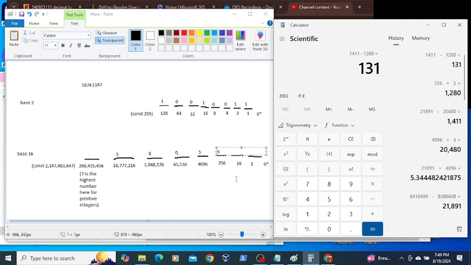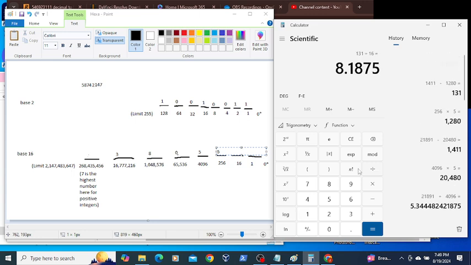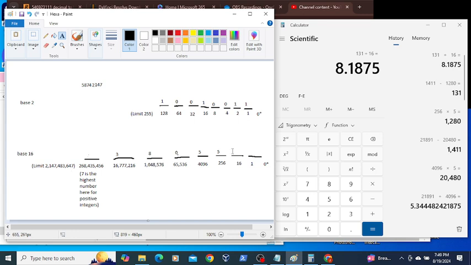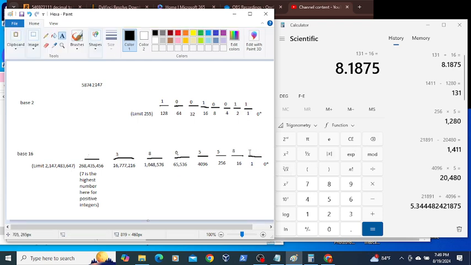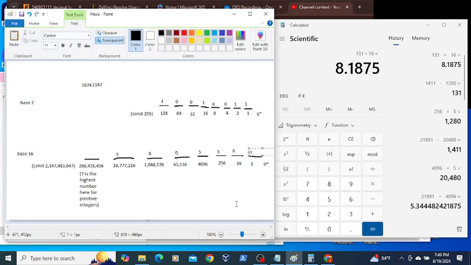So I think this can go in 8 times. Divided by 16. Yeah. 16 times 8 is 128. And the number we were working with before is 131. So that leaves 3 left over.